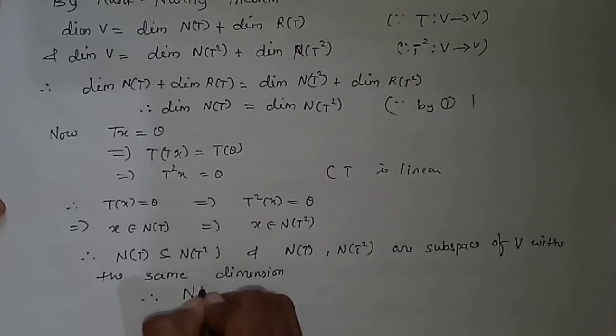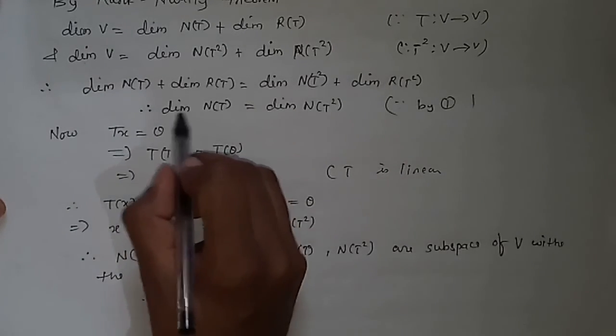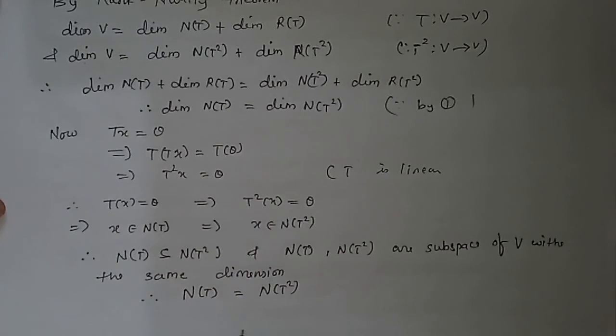Therefore N of T is equal to N of T square. So here we have found that the dimension of N of T is equal to the dimension of N of T square. Here we get nullity of T is equal to nullity of T square. Therefore if T square x is equal to theta, this implies T x is equal to theta.